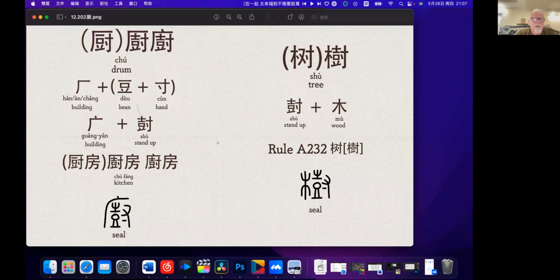So the logic is slowly destroyed. Then the modern simplified character, which is also a traditional character, you have something that looks like inside something that looks like a Chun and a Han, and it makes no sense at all. But if you know where it comes from, then it's logical.